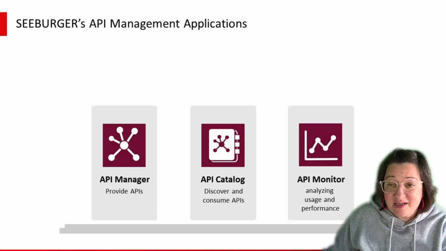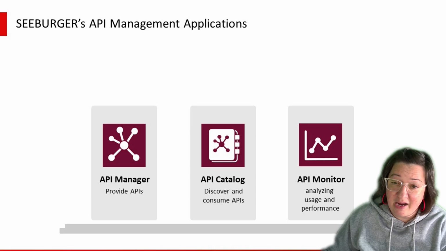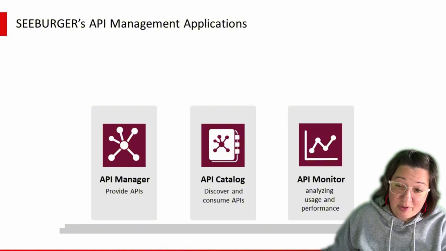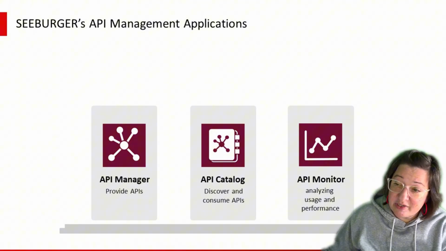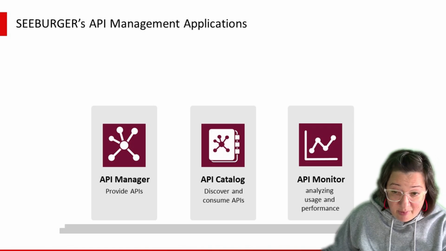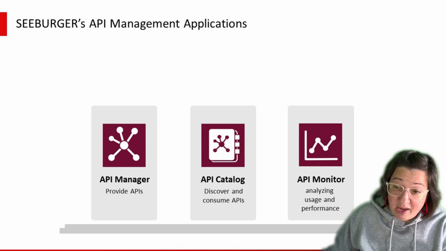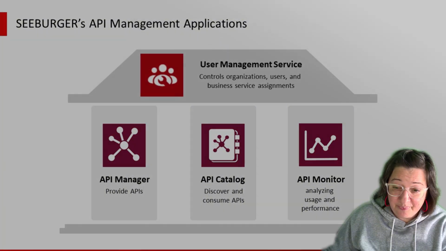It provides a single secure entry point for all APIs, ensuring that your digital ecosystem runs smoothly and reliably. To support this, SEEBURGER's API management is built around 3 dedicated applications. It's the API Manager app for providing APIs, the API Catalog app for discovering and consuming APIs, and the API Monitor app for analyzing usage and performance.